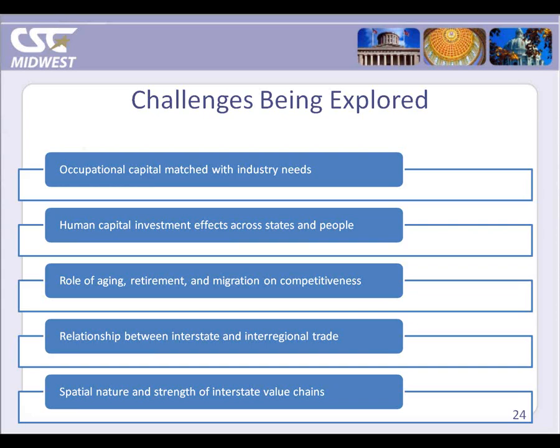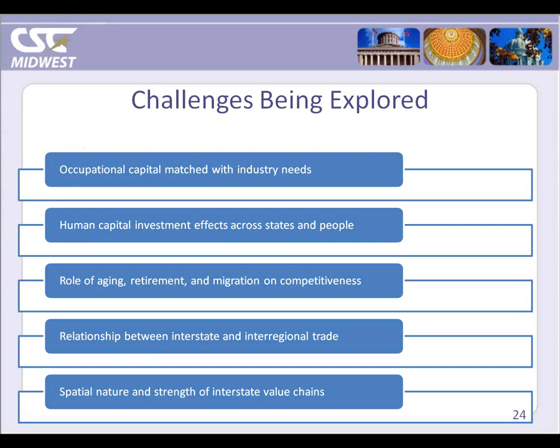Are we really addressing the fact that over the period between now and 2030, 20% of our population is going to be over 65? Have we addressed the role of aging? Do we have a labor force which is going to provide both the quantity and quality of skills that we are going to require? Have we looked at the role of interstate trade?